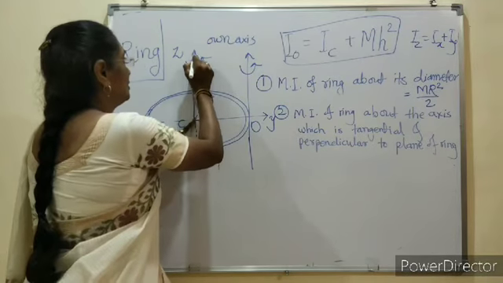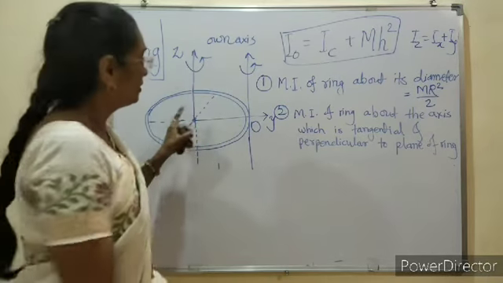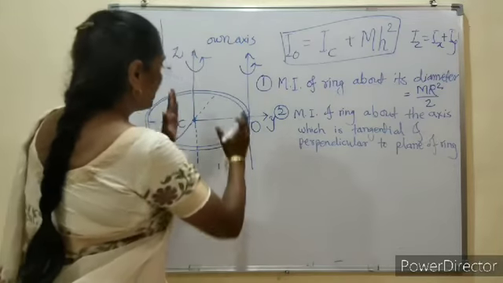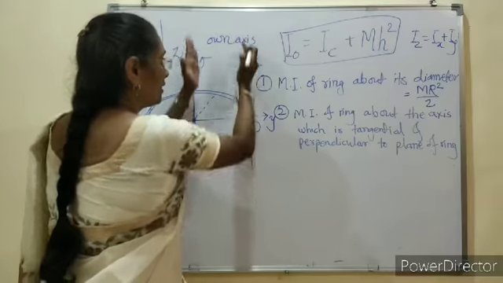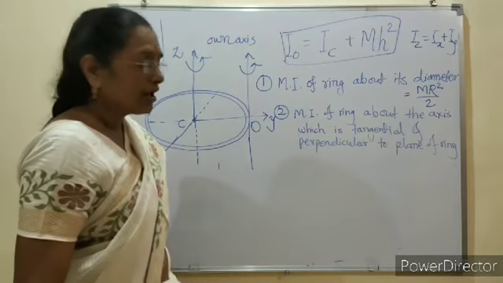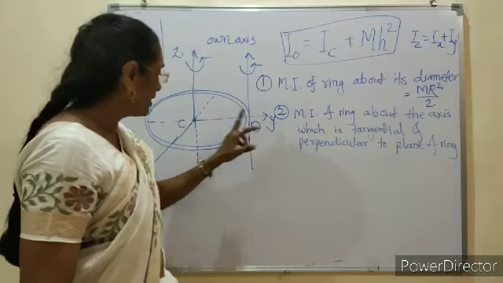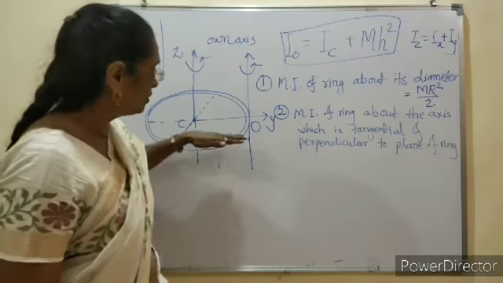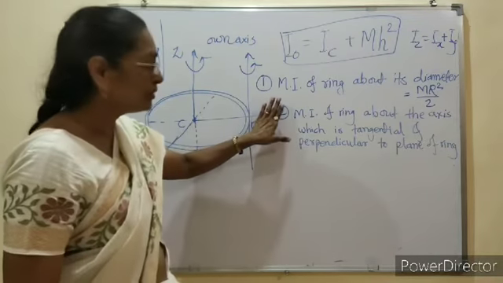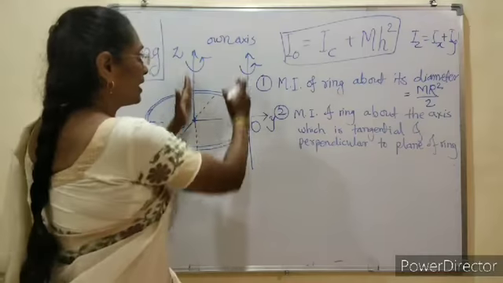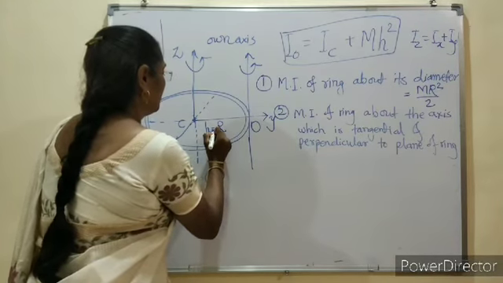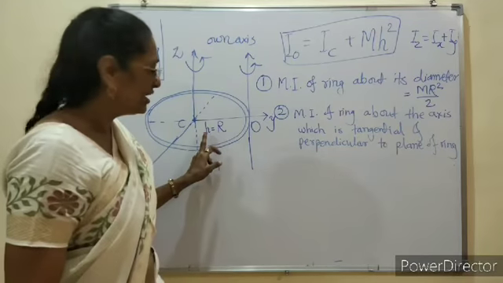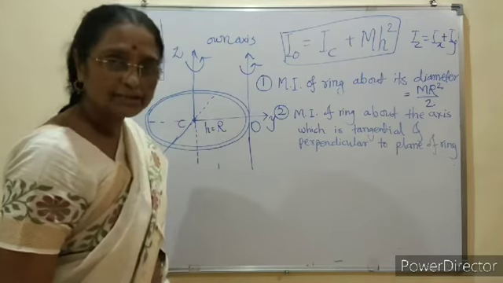We have to concentrate only on these two parallel axes, and the y-axis and x-axis for some time we have to ignore. So two axes are there and they are separated by the radius. H is the separation between the two axes.